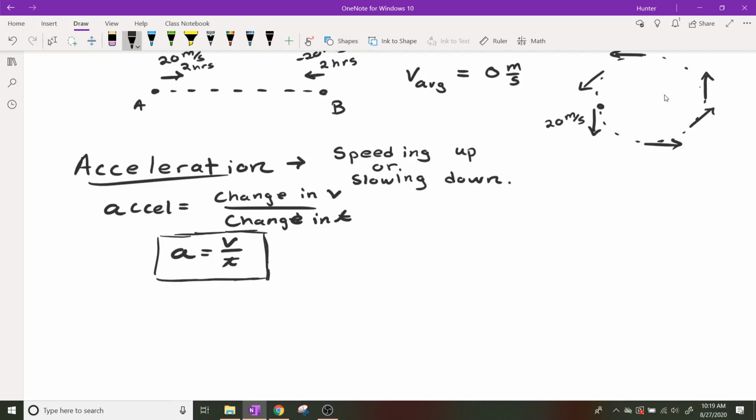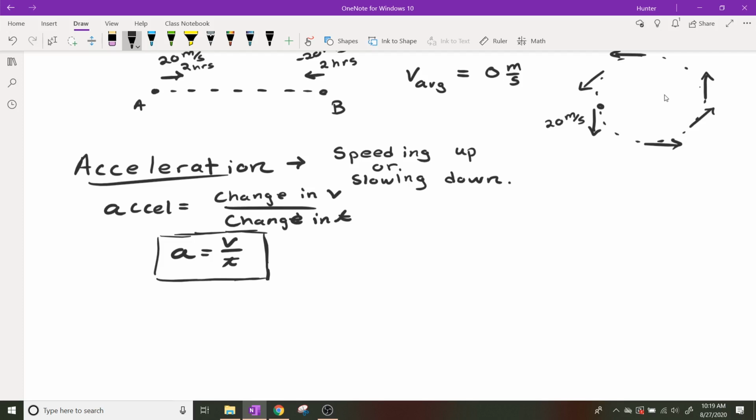But there are lots of different pieces of information about an object, like its position, for example, and delta v over delta t, or just velocity over time, doesn't give us any information about where the object started or where the object actually ended. So what we're going to have to do is use this acceleration to find out some different variables that could also be used.